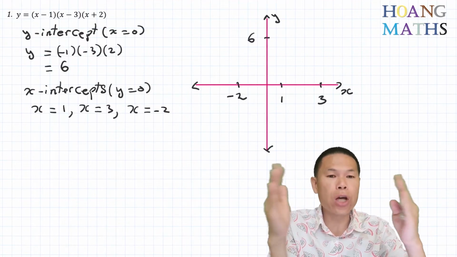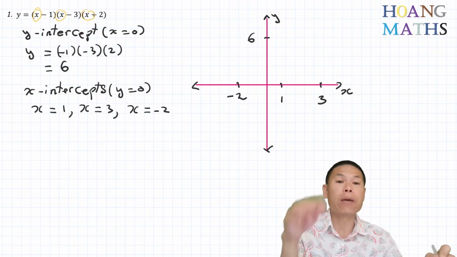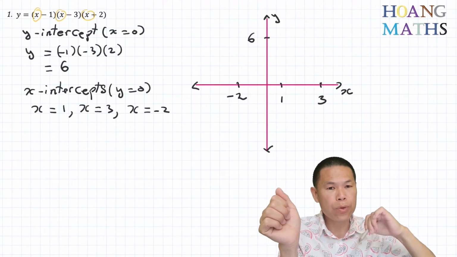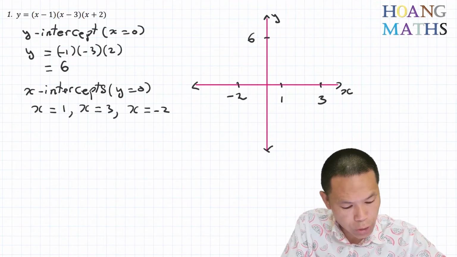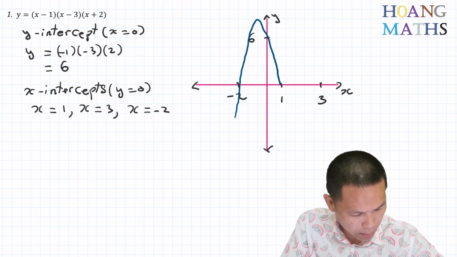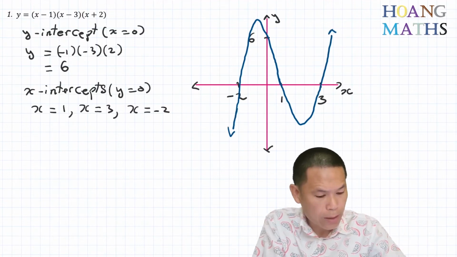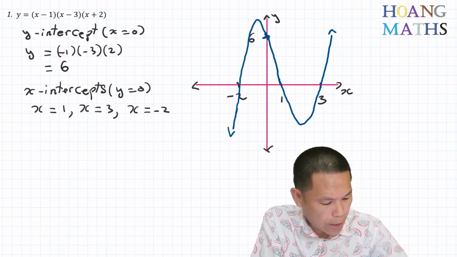And if you ignore the constant, that will give me x times x times x, so that becomes x to the power of 3. So the graph starts from the bottom up. Okay, so x power 3, remember that? So we just go this way roughly. So this is 6, and that's it.